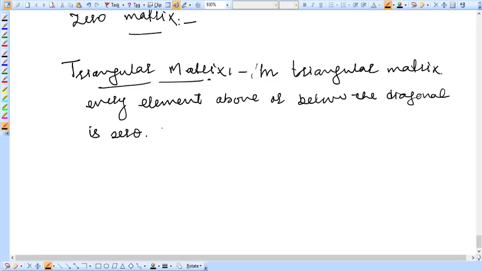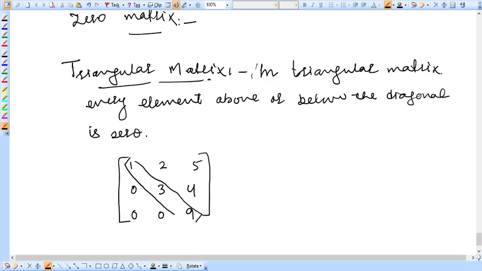See, this is a matrix, right? 1 5, this is your diagonal, 0 4 0 0. Okay, this is the diagonal. So see here, all the elements below the diagonal are 0, right?